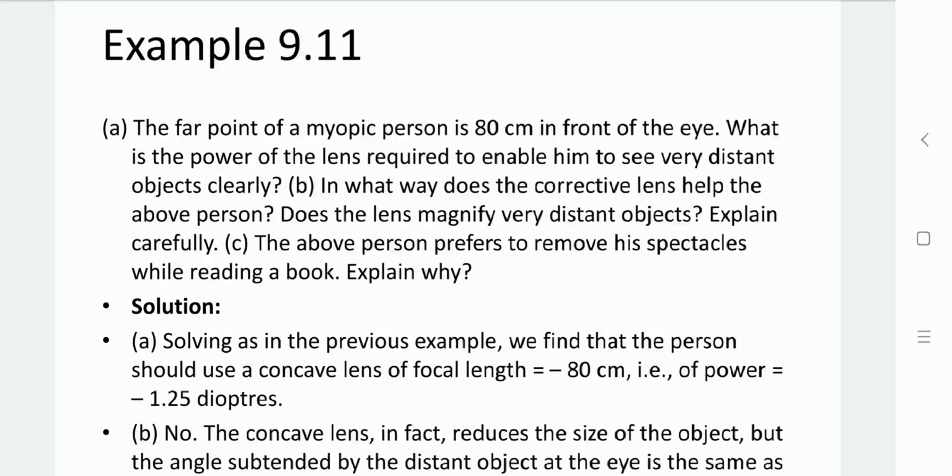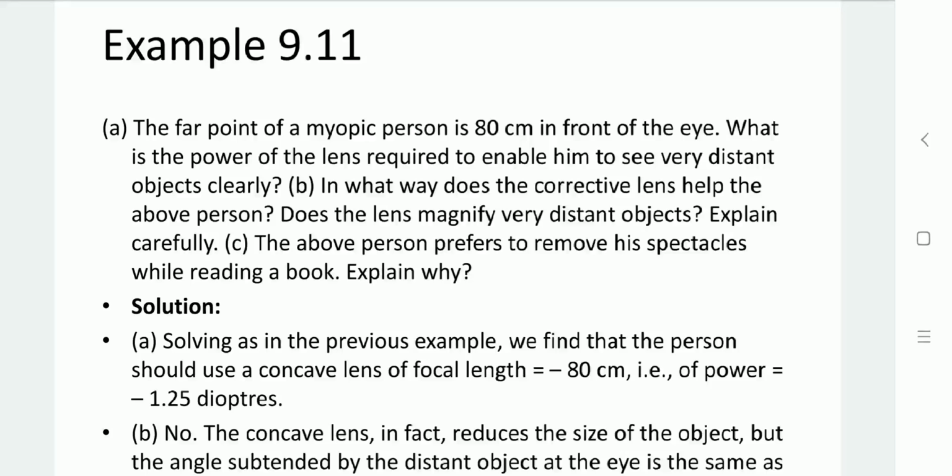Now next, in what way does the corrective lens help the above person? The corrective lens does not magnify, because the concave lens reduces the size of the object, and the angle subtended by the distant object at the eye is the same as that subtended by the image at the eye.